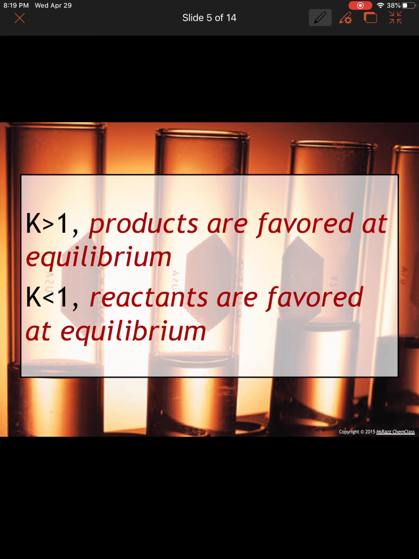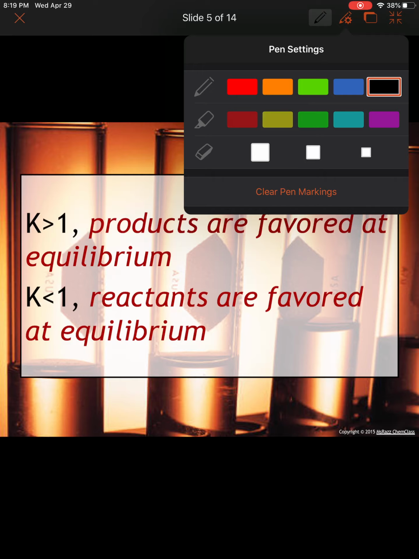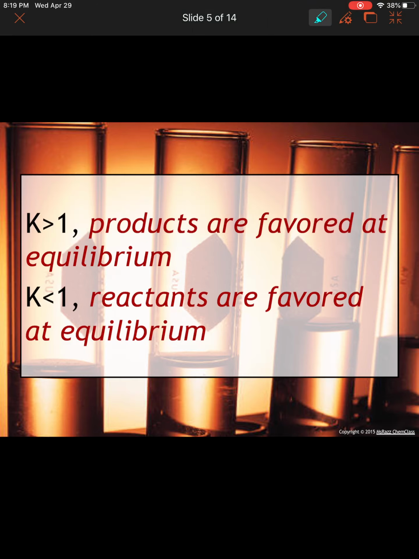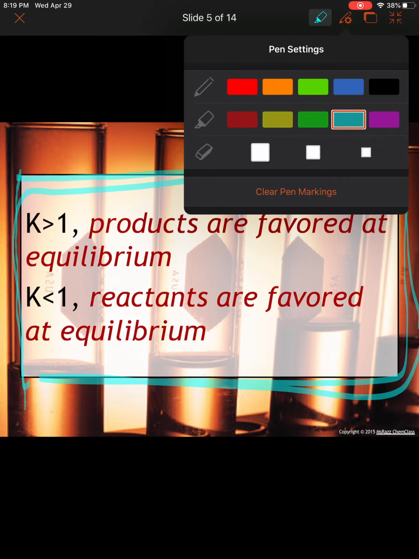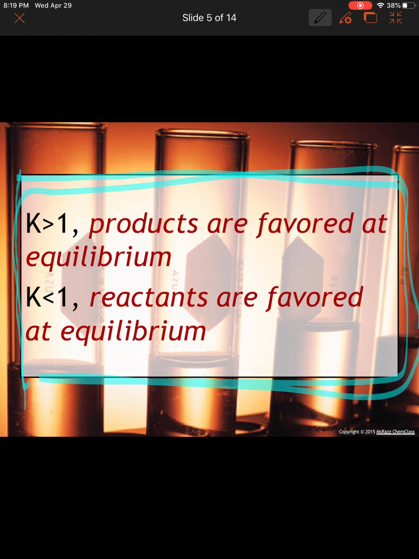This is where the conceptual stuff comes in, so I would recommend paying close attention here. My highlighting skills are not that great, but you understand that this is an important slide because this is the conceptual bit. You might see something more similar to this on your AP exam versus the calculations.